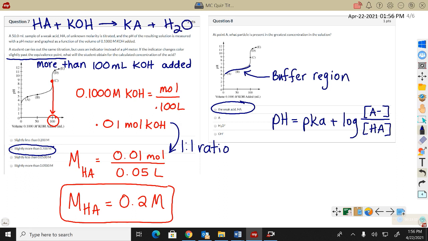Now obviously the potassium ion would just be a spectator, but it is 1-to-1 ratios, so that then the moles of base should equal moles of acid, and as long as I know the volume of acid used, I could figure out the molarity. 0.01 moles of acid divided by my volume in liters.